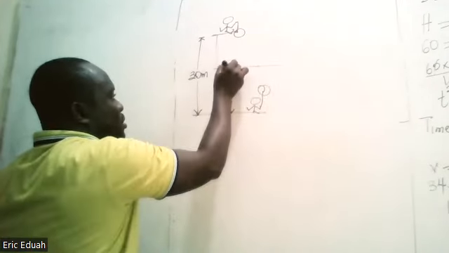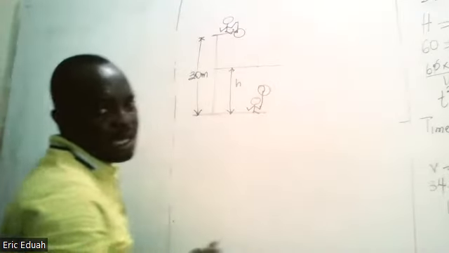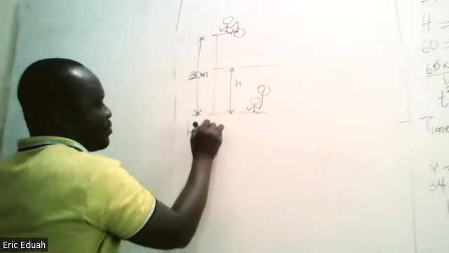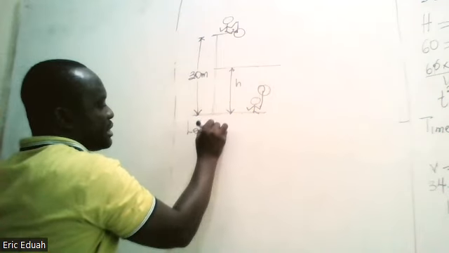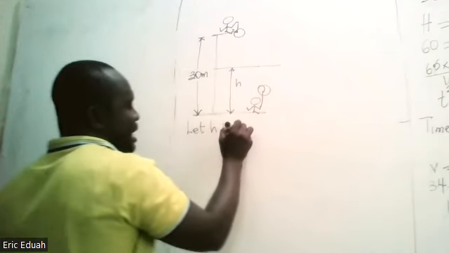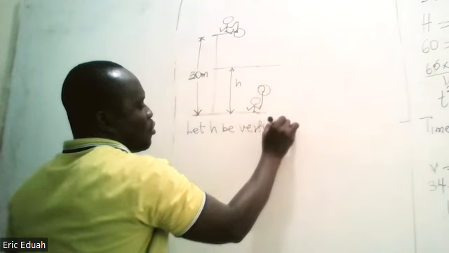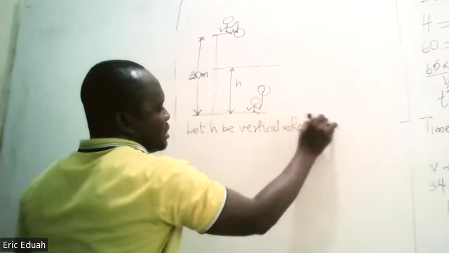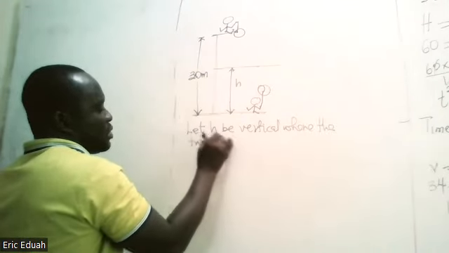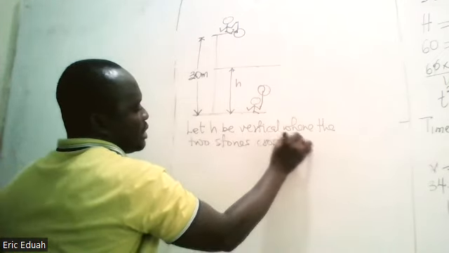That's the first consideration. Let h be the vertical height where the two stones cross each other.